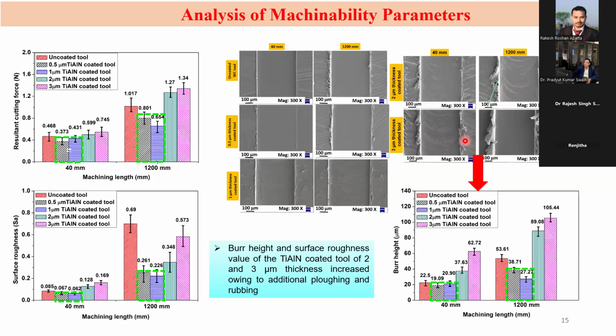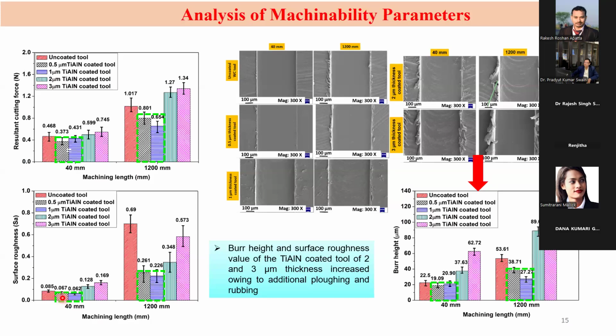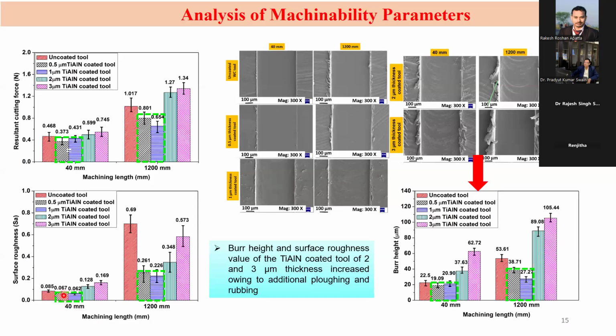But another thing we are very curious about. So in general, at a 2 and 3 micron coated tool, you can say the size effect is due to the higher coating thickness. That means the least force, least surface roughness and least burr height should come for the 0.5 micron coating thickness.